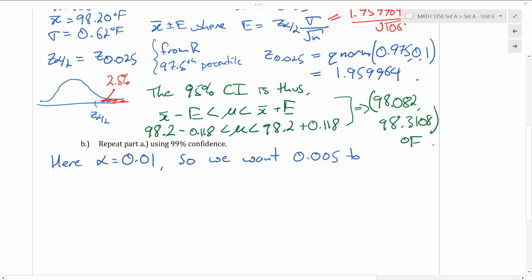So let's find the Z value that has 0.005 to the right of it. Or in other words, we want to have 0.995 to the left.